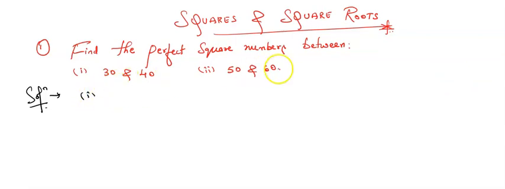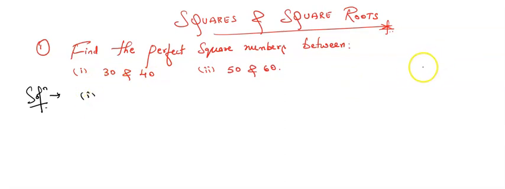between 30 and 40. Example, above 30 and below 40. Does any perfect square come between them?